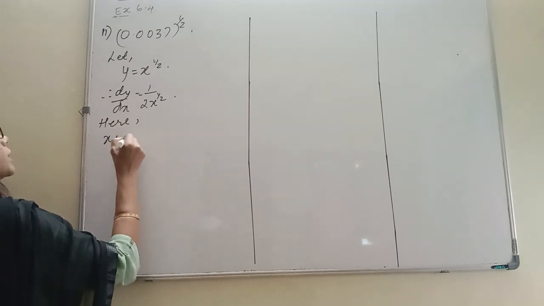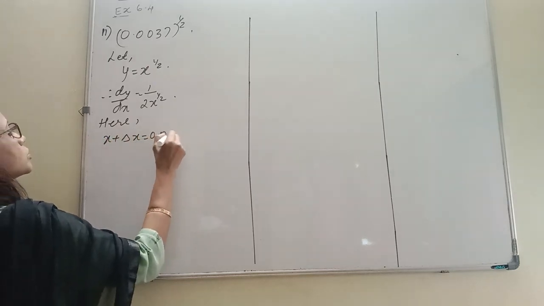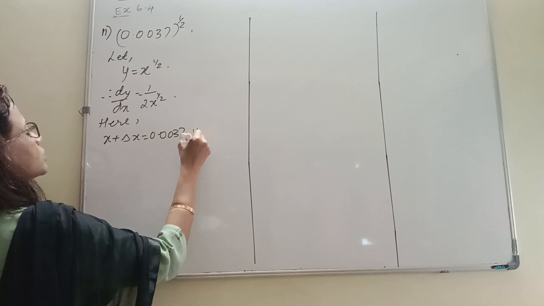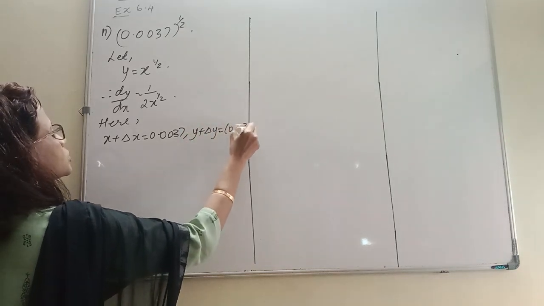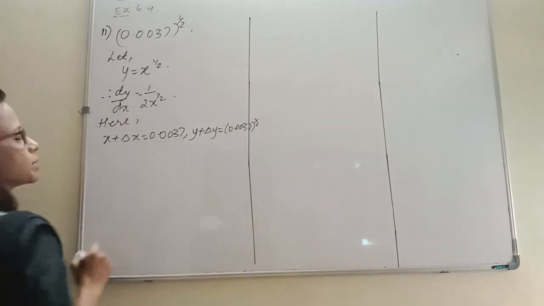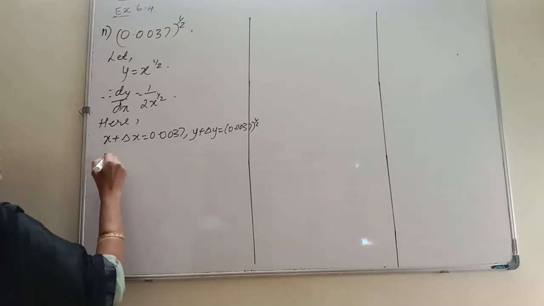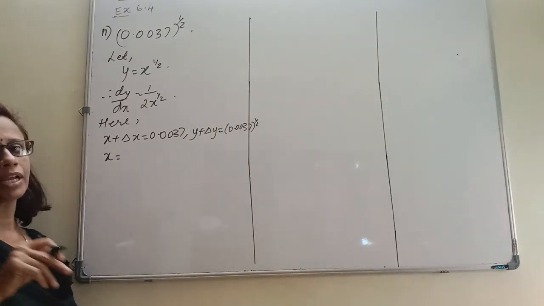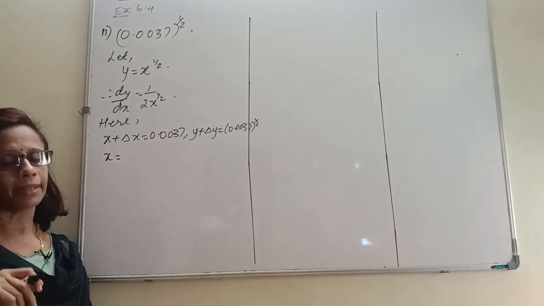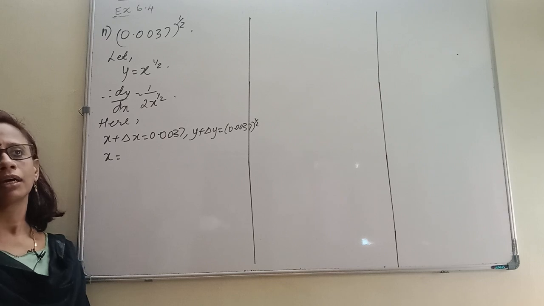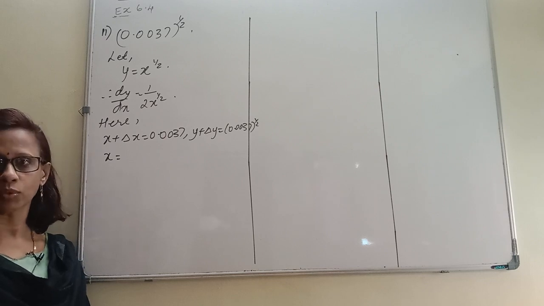Now, how about the values here? Here x plus delta x is 0.0037. That is absolutely effortless; we can get it directly from the question. Now we have to decide the x value, a standard value close to 0.0037 but whose root is known.